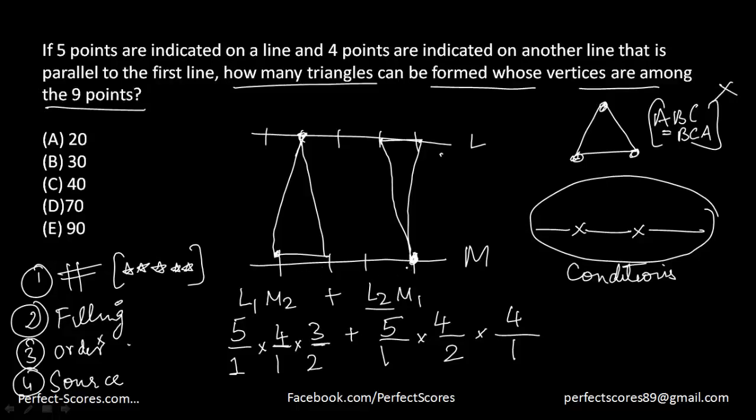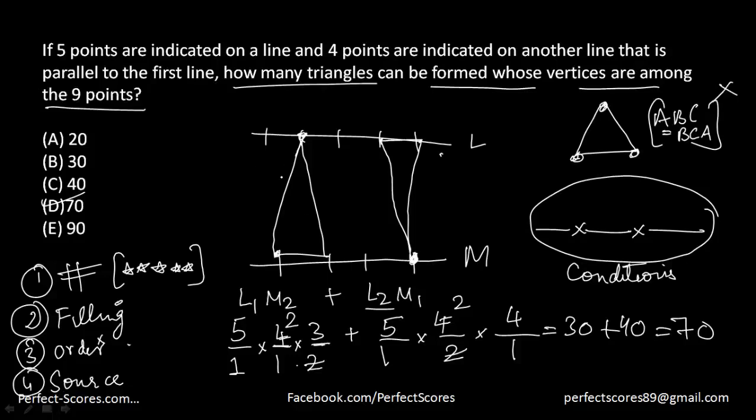And how many ways can I select 1 point out of these 4 points? That would be 4 by 1. So if I start solving this, that is going to give me 30 plus 40, that would be equal to 70 different triangles that I can actually form.